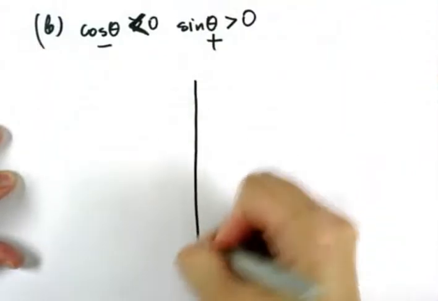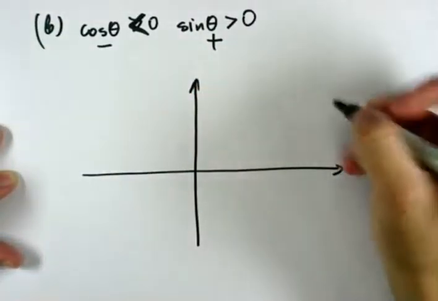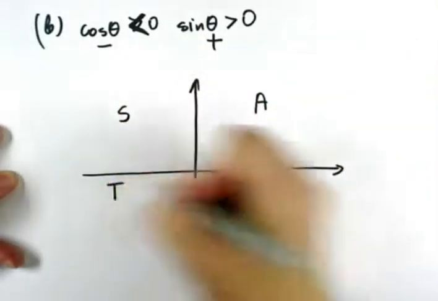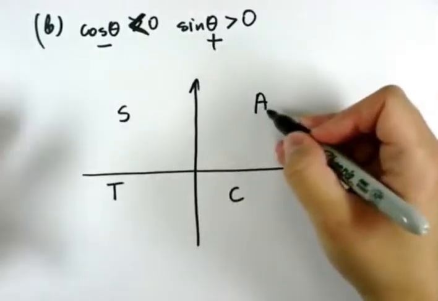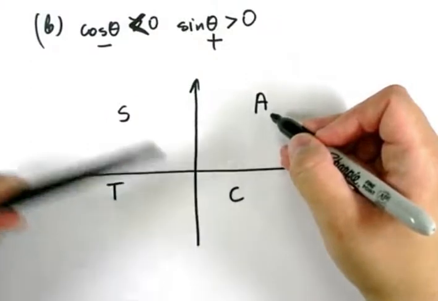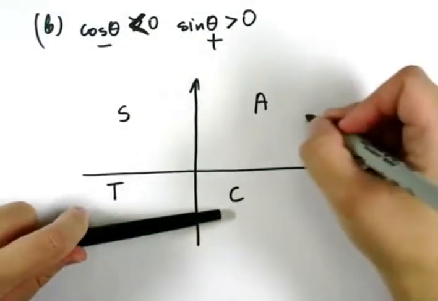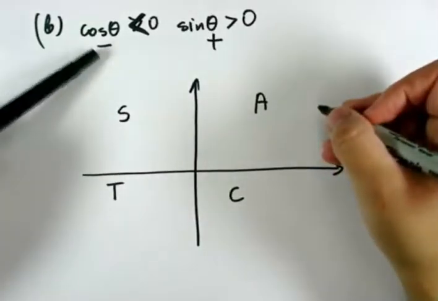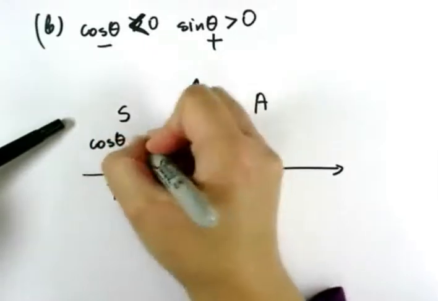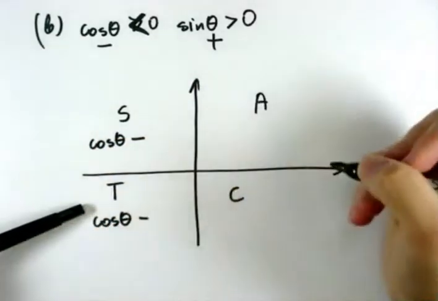So make the chart and check where those two hold. We have Add Sugar To Coffee. In the first quadrant, cos is positive, and cos is positive in the fourth. We are looking for where cos is negative. So cos theta is negative in this quadrant, and in this quadrant.